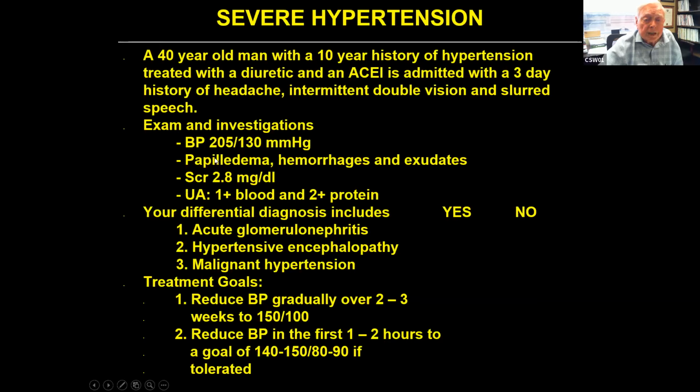So this implies then that there is raised intracranial pressure. And what you see in the retina is what's going on in the brain. So you know that there's damage to the small vessels.